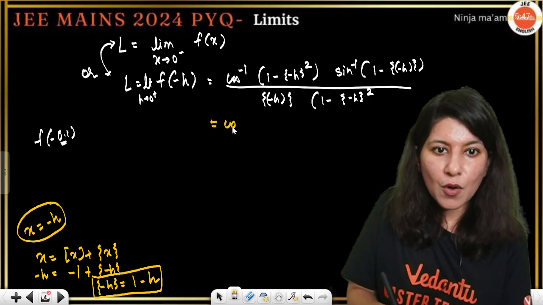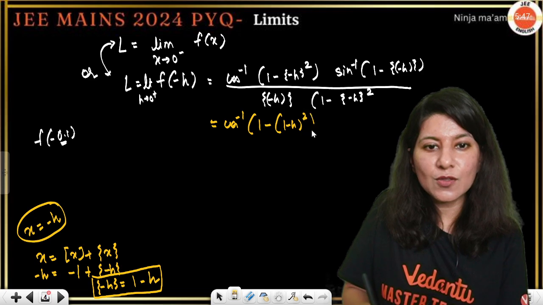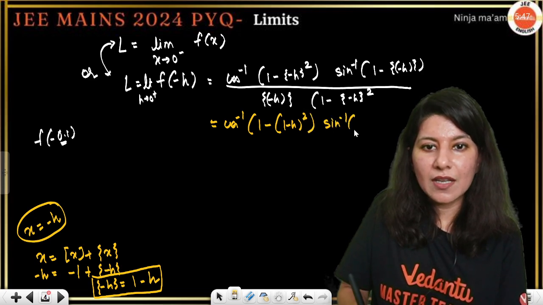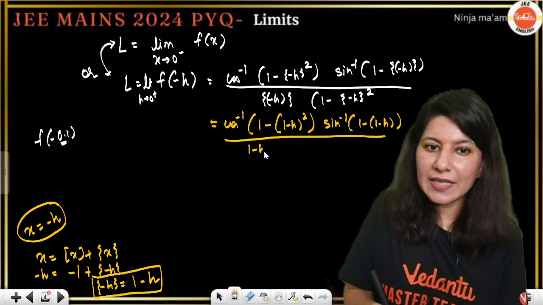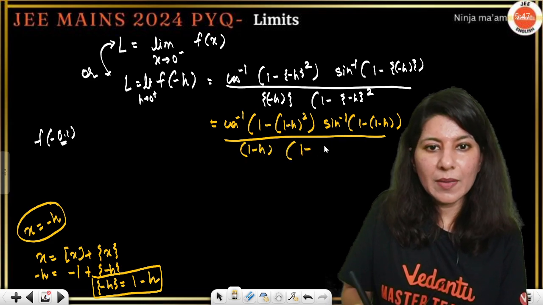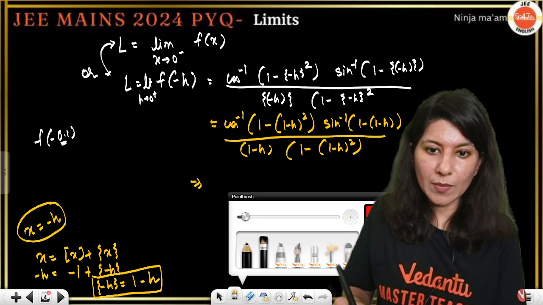So cos inverse of 1 minus h whole square, sine inverse of 1 minus h, then 1 minus h again, then 1 minus h whole square. That's it. Now let's expand one by one.